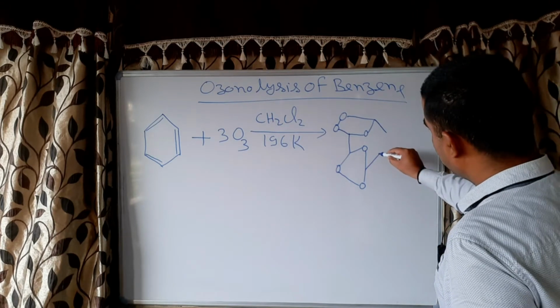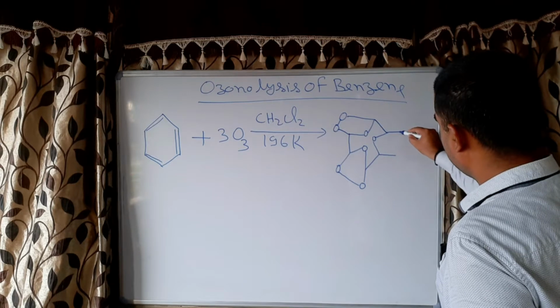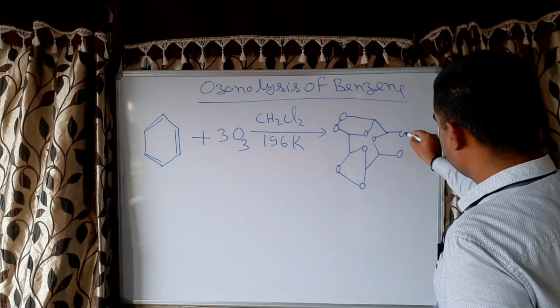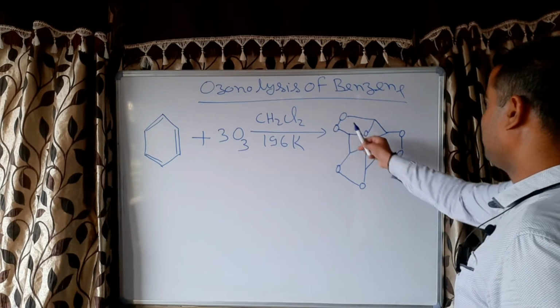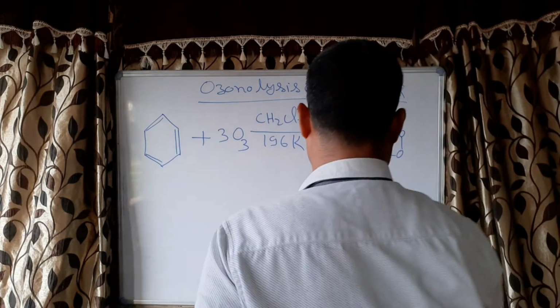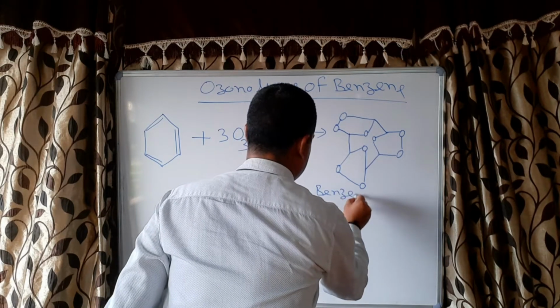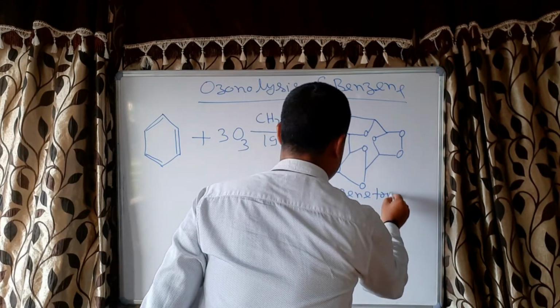Similarly here. So one ozonide, second ozonide, third ozonide. So it is triozonide. Benzene triozonide.